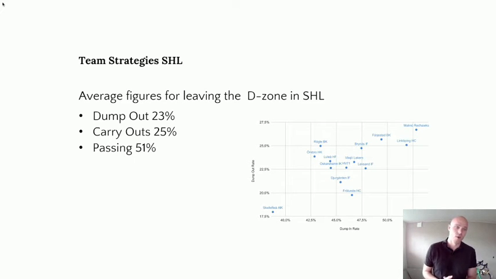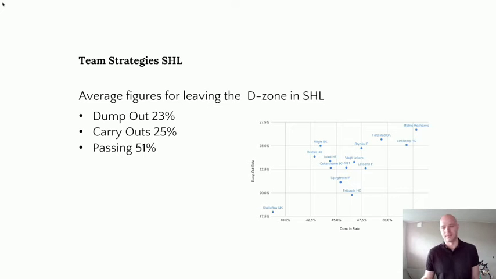Just as some small takes on team strategies in Sweden, the dump out rate averages about 23% within this data set. This graph is the teams of the 2021 season. We have Skellefteå AIK here, the kings of control plays, both exiting the zone, the dump out rate, but also entering the zone. They did everything with control in a way that no one was close to.